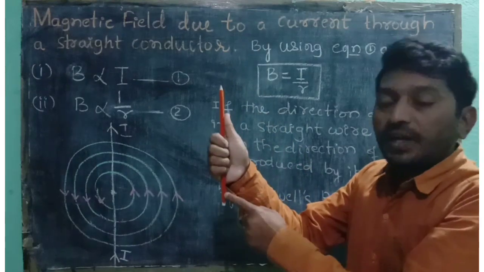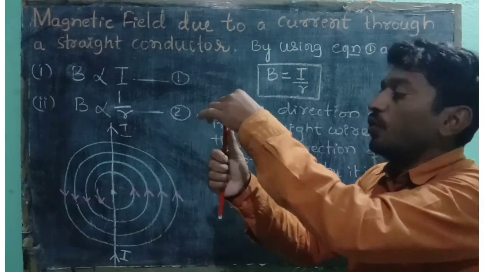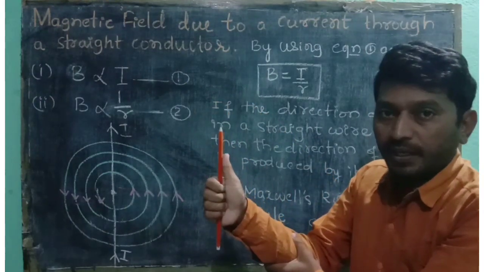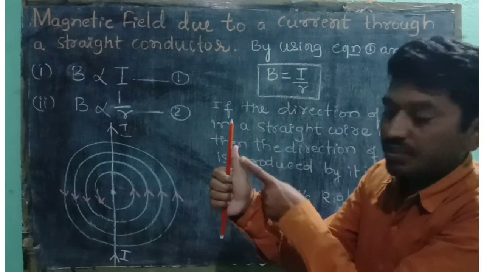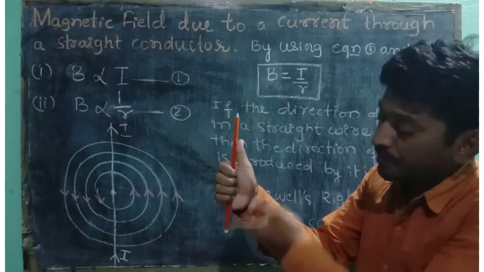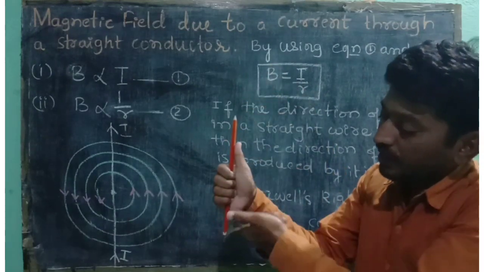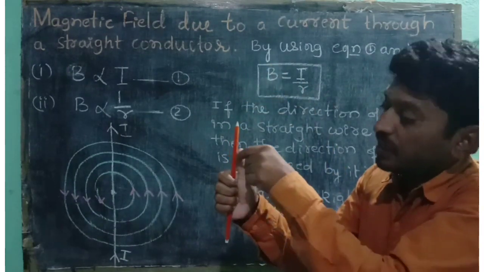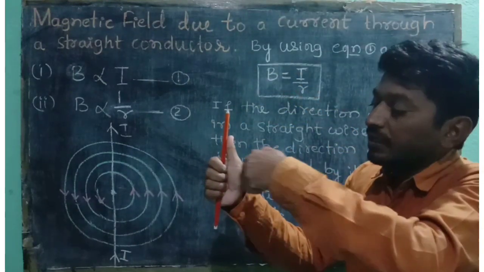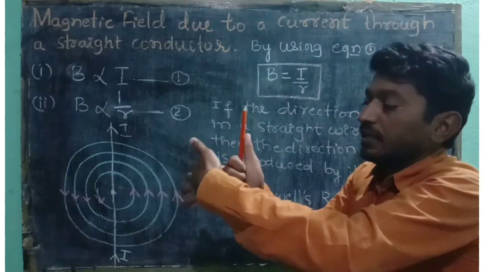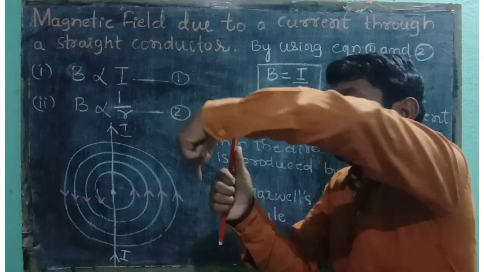When the wire or conductor is held in your right hand, then the stretched thumb indicates the direction of the current, and the curly fingers indicate the direction of the magnetic field. This is the magnetic field.